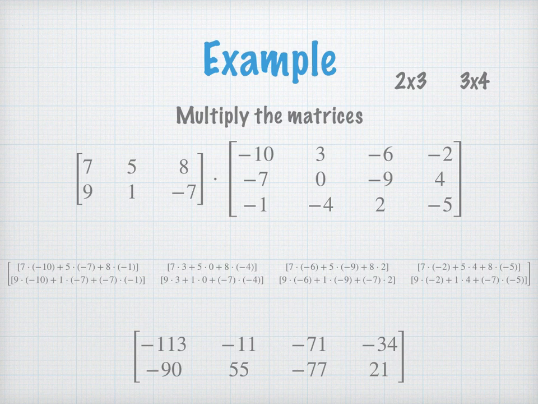So we're using the row 9, 1, negative 7, that's our second row, and the column negative 2, 4, negative 5. That's our fourth column. So 9 times negative 2 plus 1 times 4 plus negative 7 times negative 5. Putting all of that together, we do get 21.